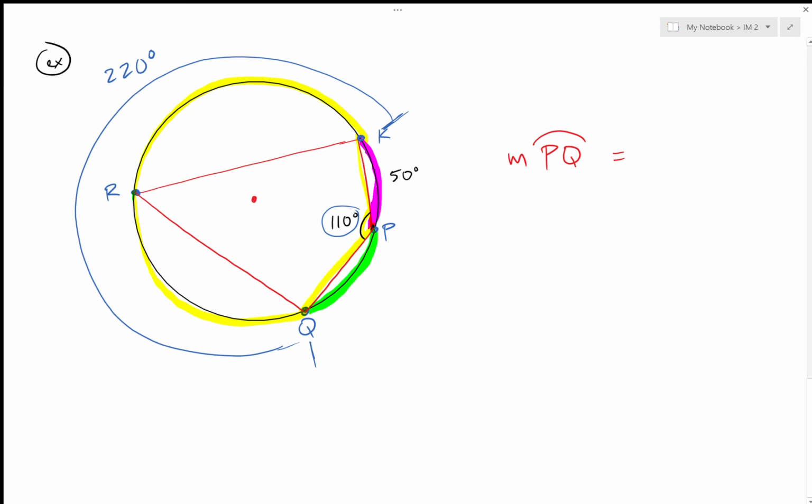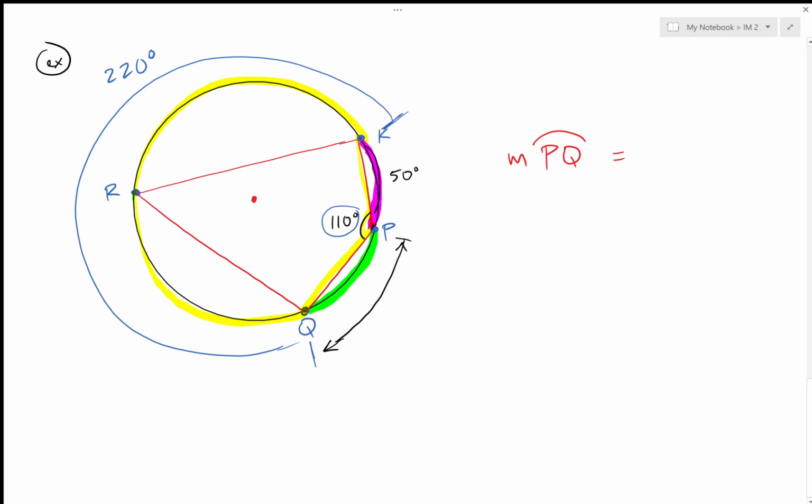All right, so let's see how that helps us. At this point, I've used up every number I had. 50's there, 110 became the 220. So I'm still trying to find out what this is from Q to P. I've colored actually all the outside of the circle. Pink is 50, yellow's 220, green is what I need to find.